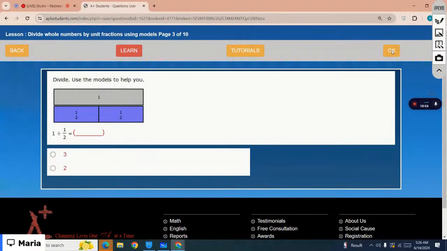Divide using models to help you. 1 divided by 1 by 2 equals. The correct option is 2. 1 by 2 together makes 1. So the correct option is 2.